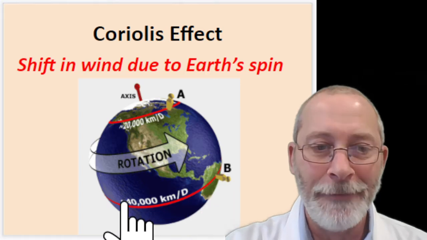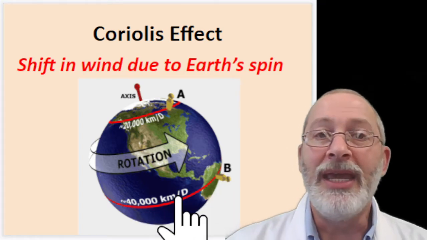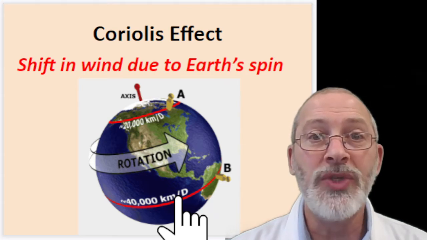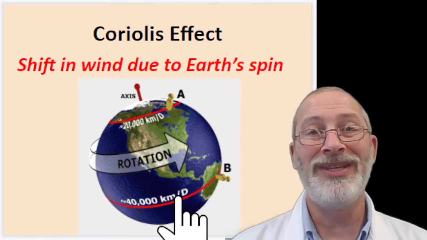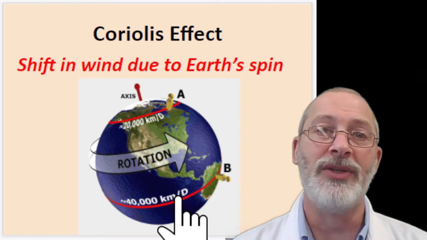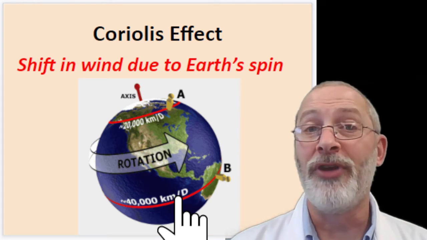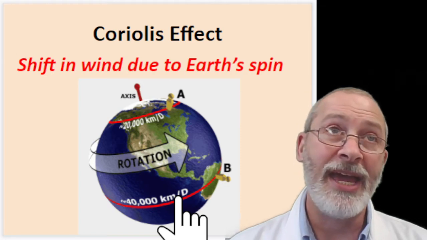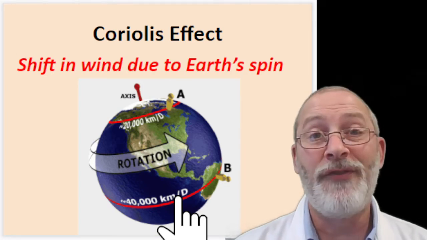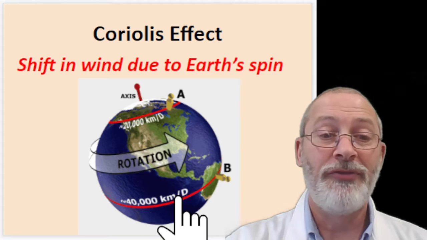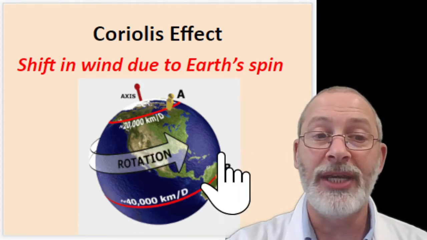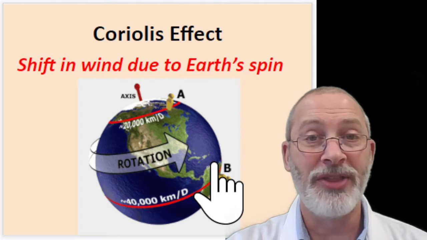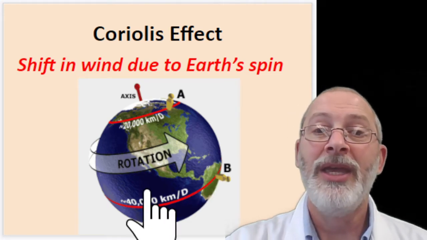At the equator, in miles, it's about 24,000 miles. 24,000 miles is the circumference of the Earth. And it takes 24 hours for the Earth to rotate once on its axis. I want you to think about that for a moment.